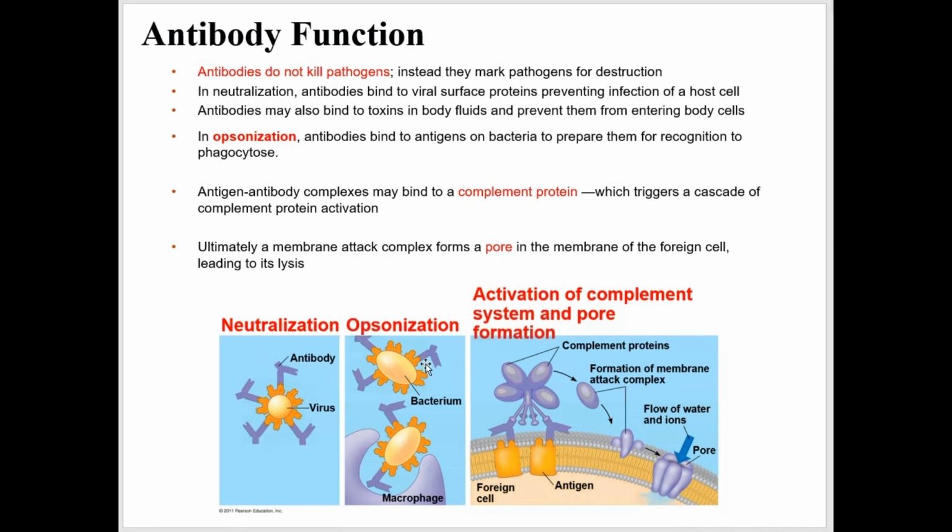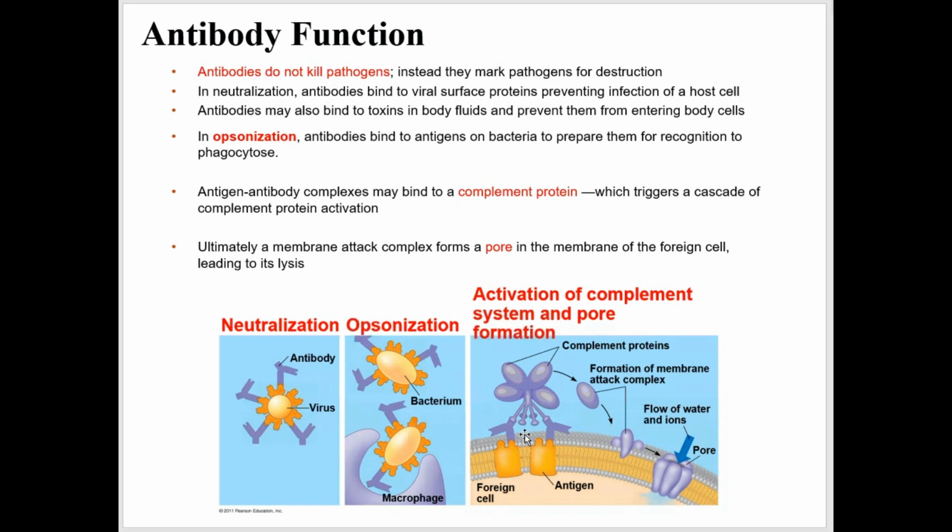So we already talked about opsonization earlier. This is where antibodies are going to bind to antigens on bacteria, and then they're going to prepare them for recognition for phagocytosis. So a macrophage is going to engulf this bacterium that's been coated with antibodies. And then there is complement activation, where you have complement system proteins that bind to the actual antibodies. So here they are. And then they promote this opsonization, as I said earlier, this engulfment of a pathogen.